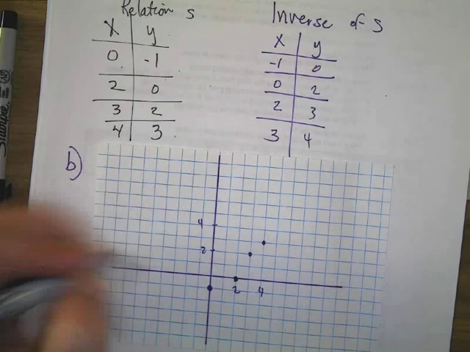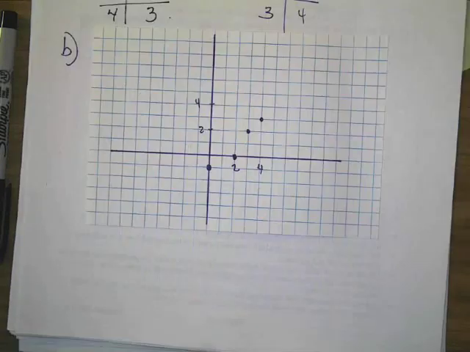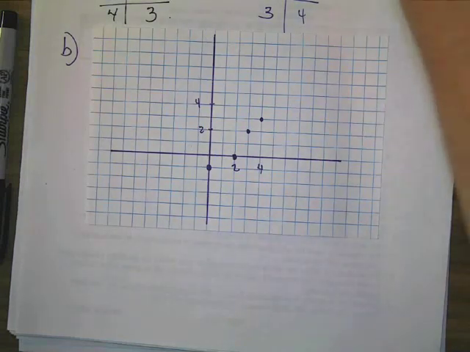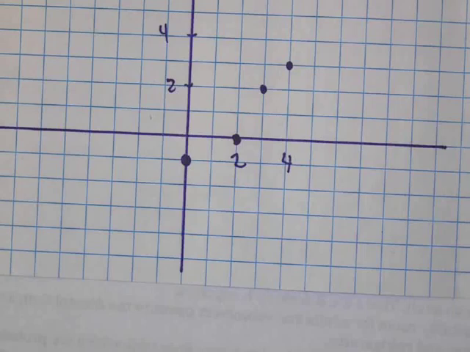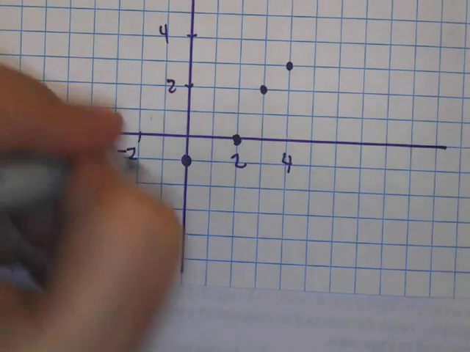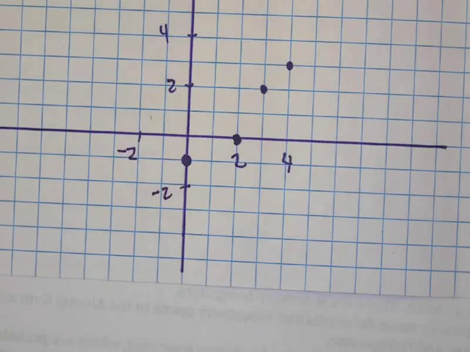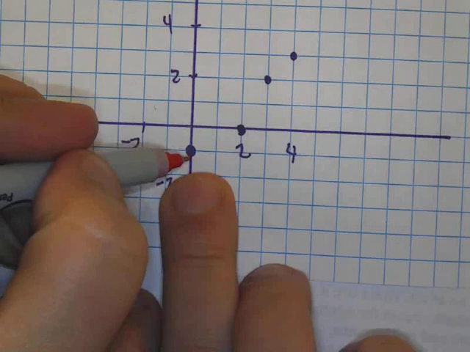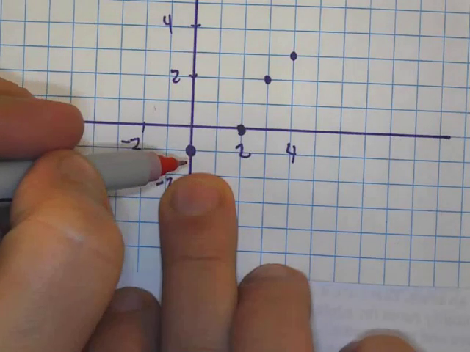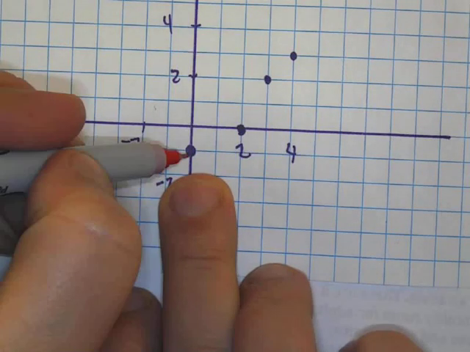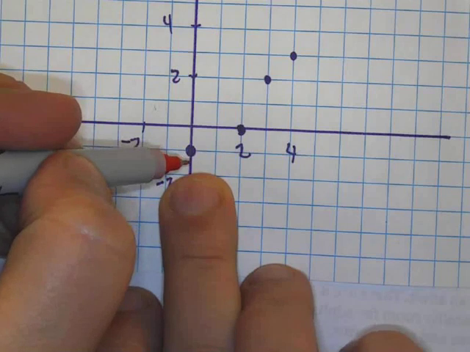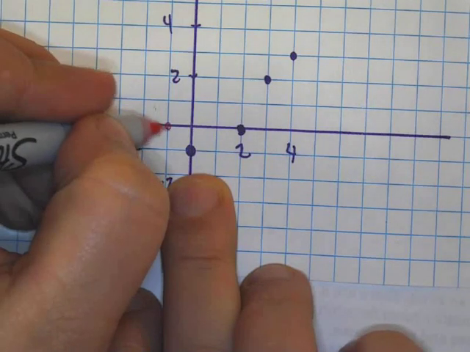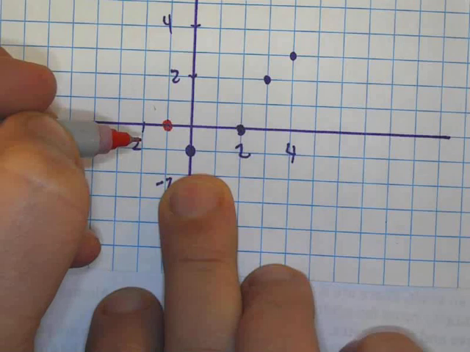So this is also a relation, just a set of ordered points. That's all it is. So if I was to plot the inverse, instead of this point being at 0, -1, pay attention, it's going to be -1, 0.